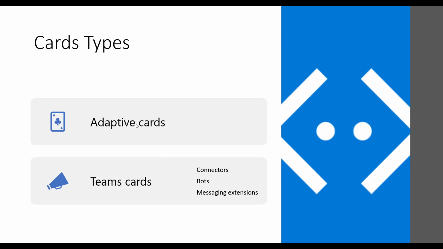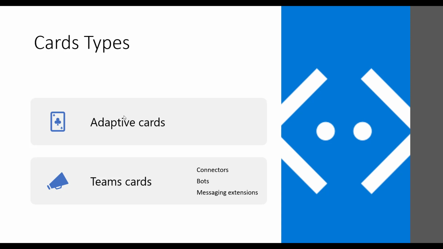The adaptive card is an overall, generalist format. Previously, different cards were used for different apps and platforms, so Microsoft brought this new concept of adaptive cards. Once an adaptive card is developed, you can use it throughout any application or platform.